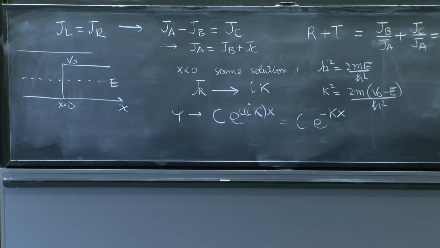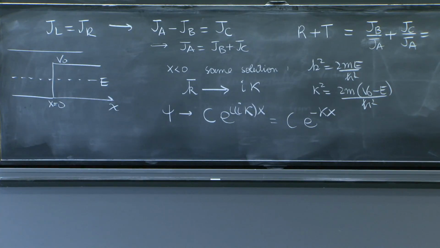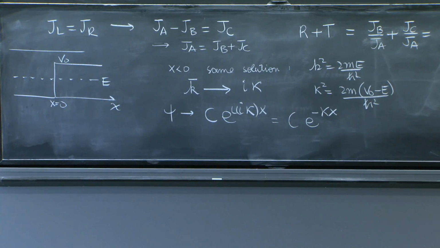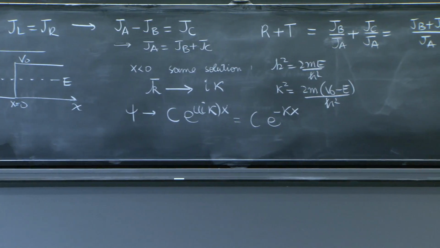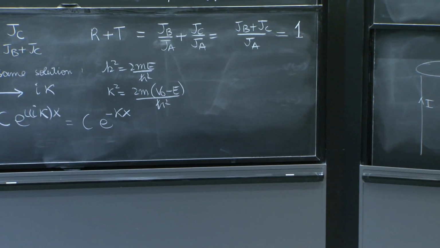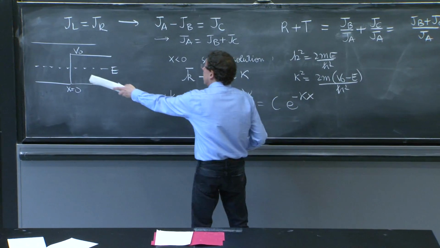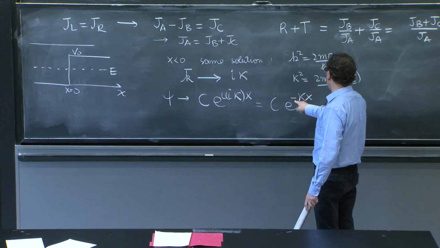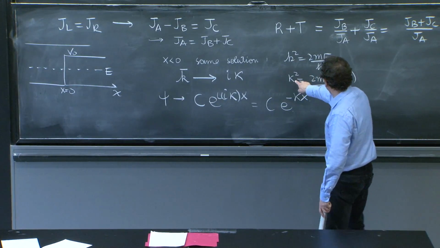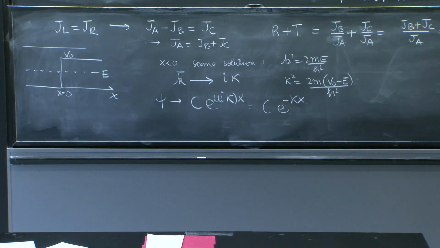And that sign that I chose of letting k bar equal i kappa proves necessary to get the right thing. Of course, if you would have written the equation from the beginning, you would have said, yes, in this region there's a decaying thing, and looking at the Schrodinger equation, you would have concluded that kappa is given by that.